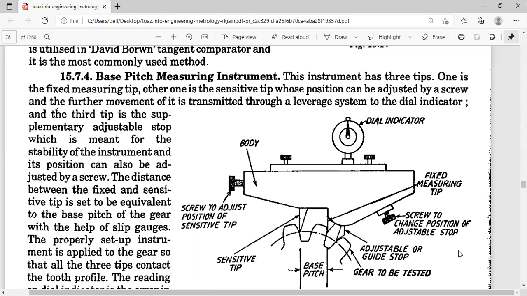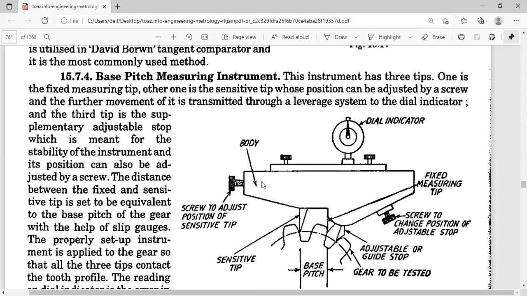What is the function of this particular stop? It is meant for the stability of the instrument. That's why you have to adjust this position by the screw at the right side of the instrument.